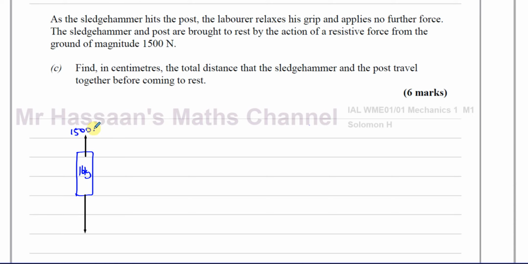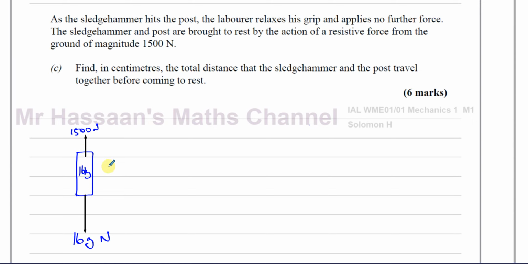These are the forces acting on the object as it goes through the ground after he has hit it with the sledgehammer and not applied any more force. The weight acts downwards and the resistive force acts upwards as it goes through the soil.